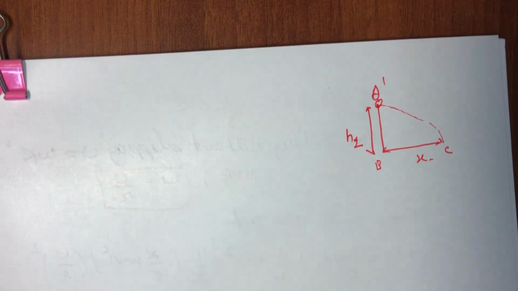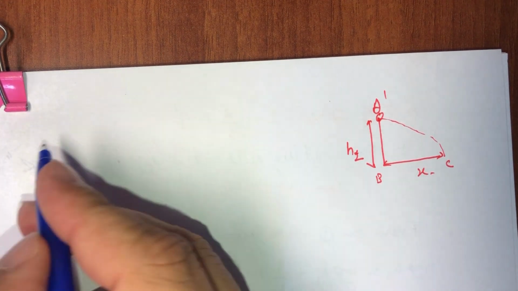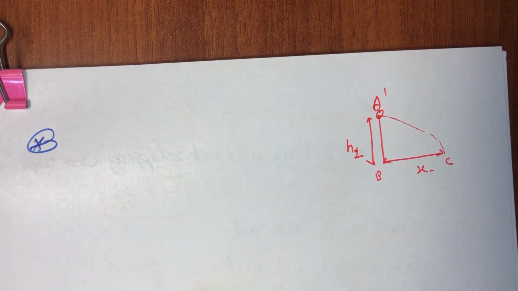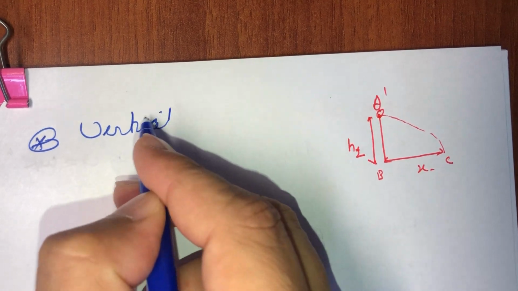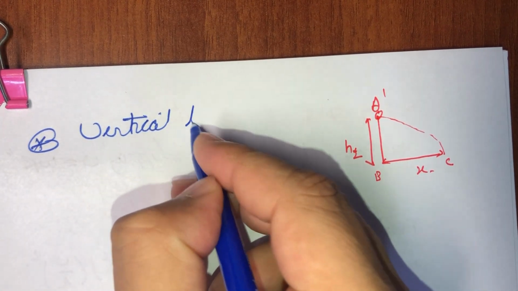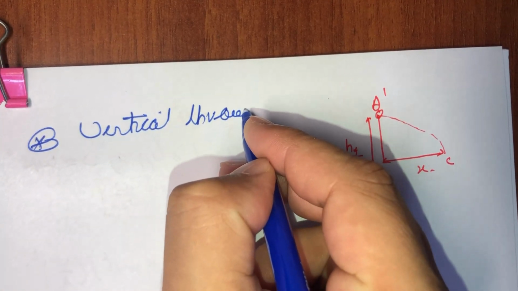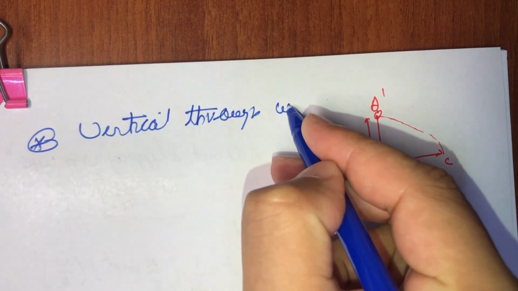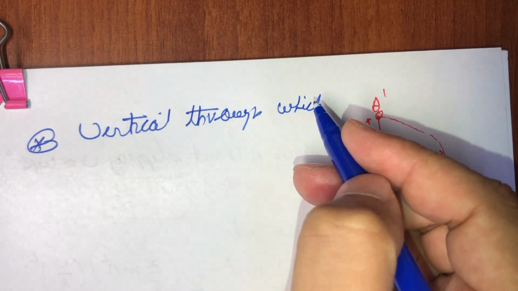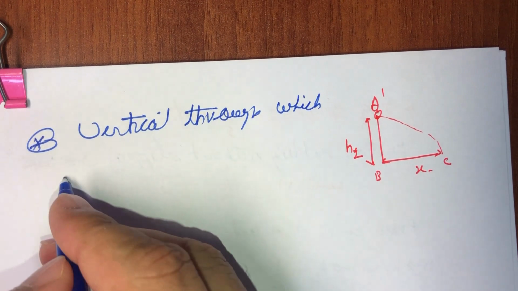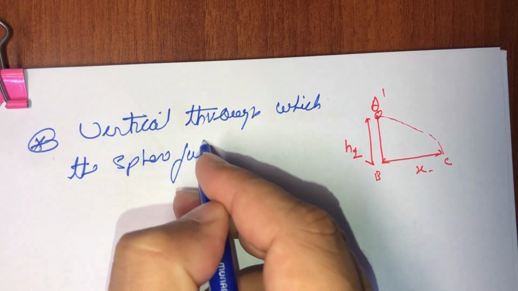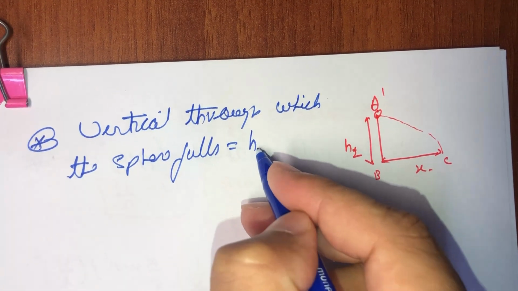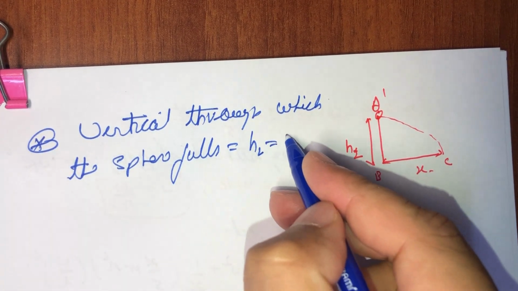So we can say the vertical height through which the sphere falls is equal to h2, and which is given as 1 meter.